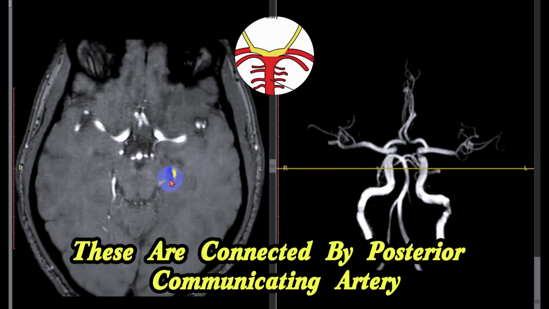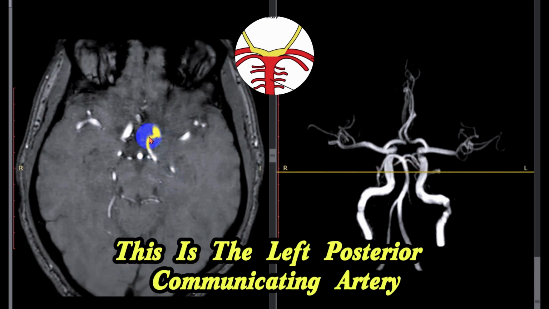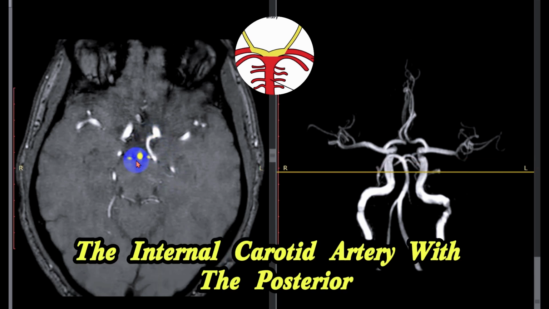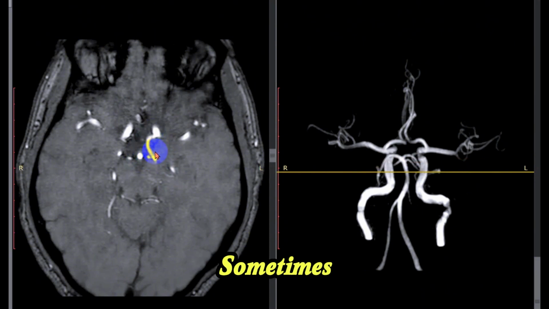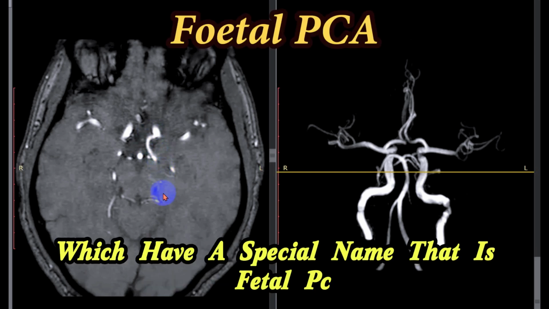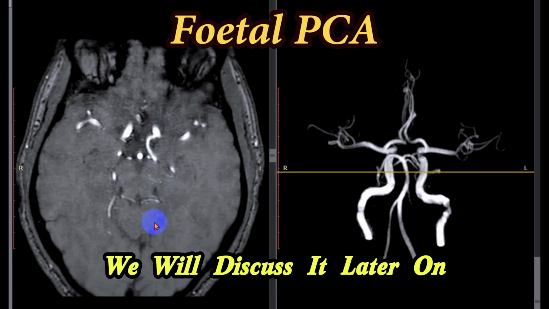These are connected by posterior communicating artery. Here we can see this is the left posterior communicating artery connecting the internal carotid artery with the posterior cerebral artery. Sometimes these posterior communicating arteries become larger, which have a special name, that is fetal PCA. We will discuss it later on.